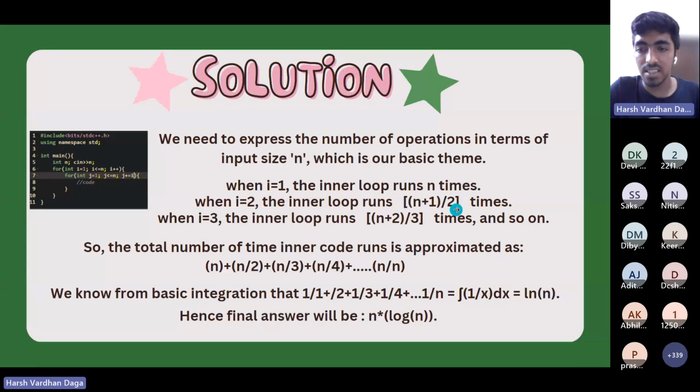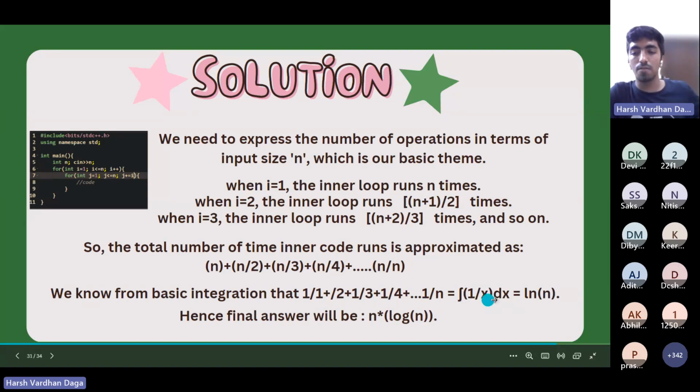And the greatest integer of n by 2 is at most n by 2, so you can approximate it as n by 2. Similarly, you can approximate the next as n by 3, then n by 4, and so on. Now from basic integration, you know that 1 plus 1 by 2 plus 1 by 3 plus 1 by 4 till 1 by n can be written as the integral of 1 by x dx, which is ln n. So the final answer will be n times log of n.